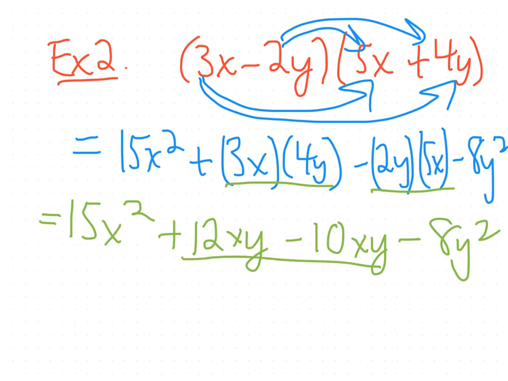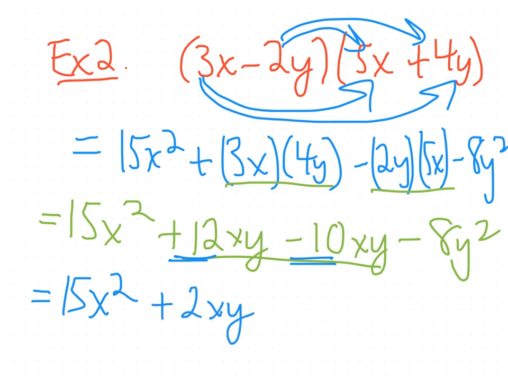And then we have further like terms in the middle. Remember, the same base and the same exponent makes the terms like terms. The 15x squared has no partners. The positive 12 minus 10 becomes positive 2xy. And finishing off with negative 8y squared, which also doesn't have any other like terms.